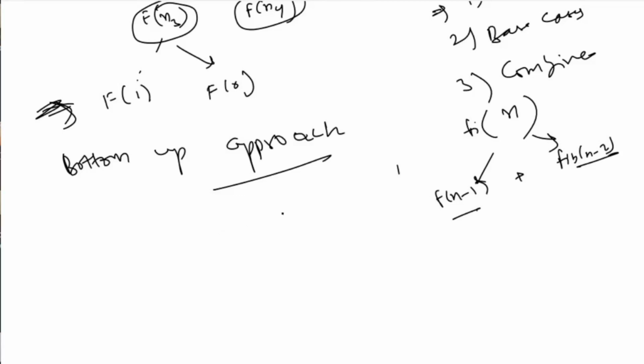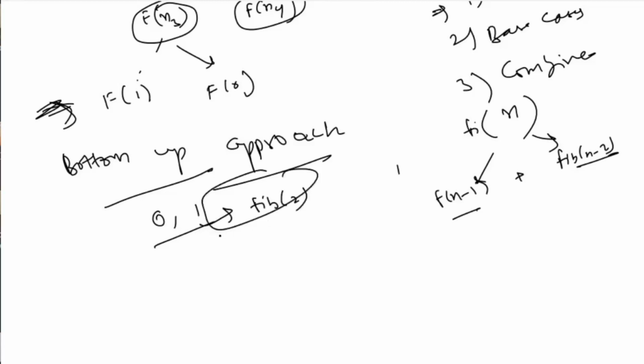in bottom up approach, we start directly from the base cases. So we know the solution for fib of 0 and fib of 1. We use them to build the solution of fib of 2. Then we use these two to build fib of 3, and so on.